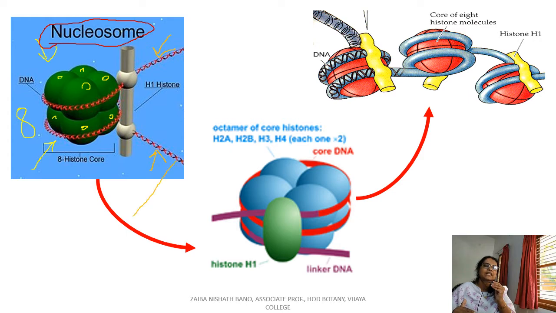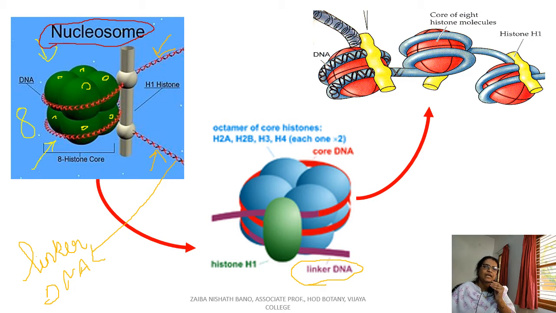You can see in the second diagram, the DNA is coming out and that DNA is called the linker DNA. So it links one histone octamer with the next adjacent histone octamer, and the two rounds of the DNA which surround the histone octamer are tightly held with the help of histone 1 protein.